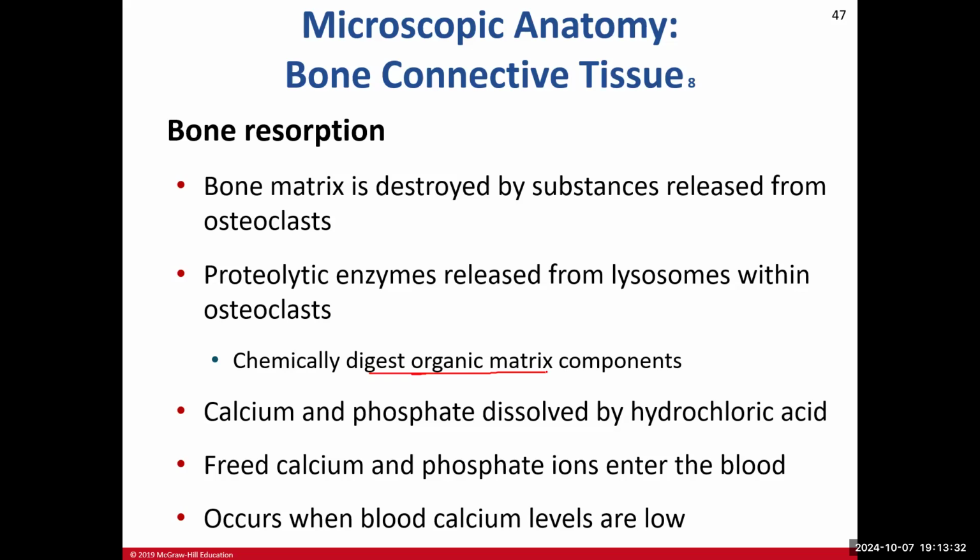We break down the calcium and phosphate by the hydrochloric acid being produced by the osteoclasts. This is one of the ways that we're able to increase our blood calcium or blood phosphate levels: activate the osteoclasts. Those osteoclasts will break down the bone matrix and release those minerals out into the bloodstream.